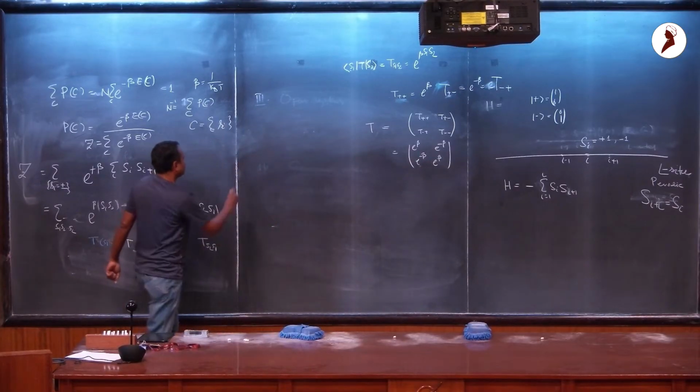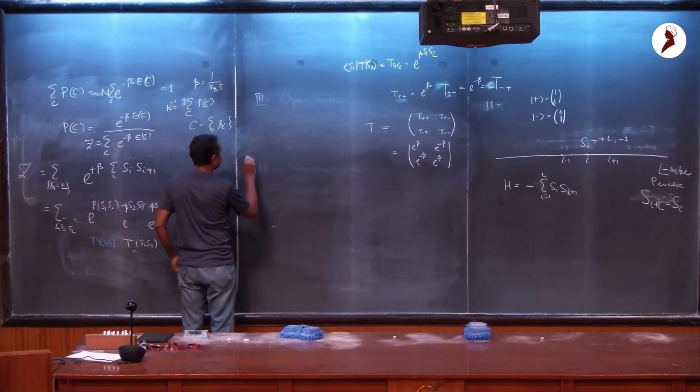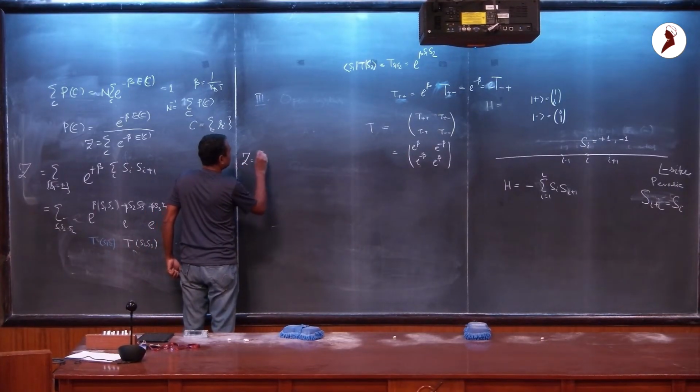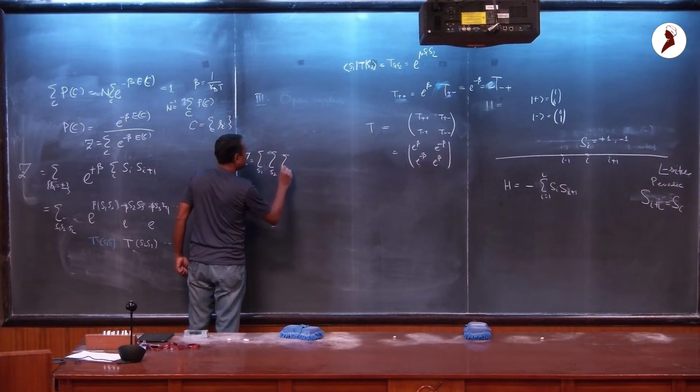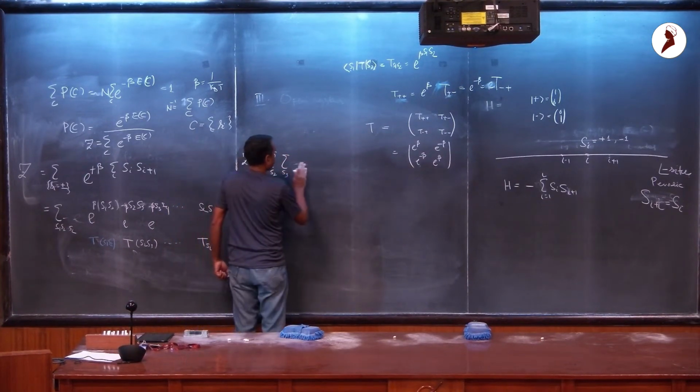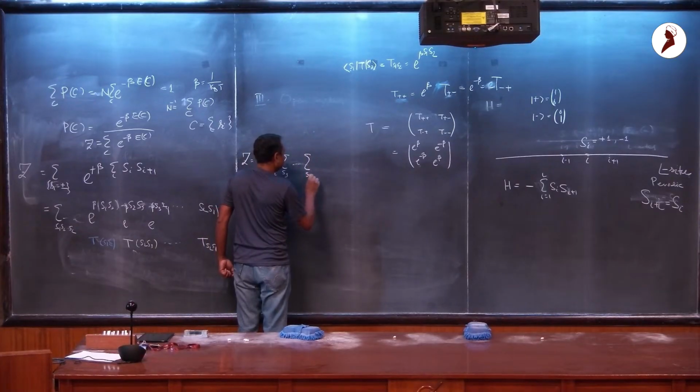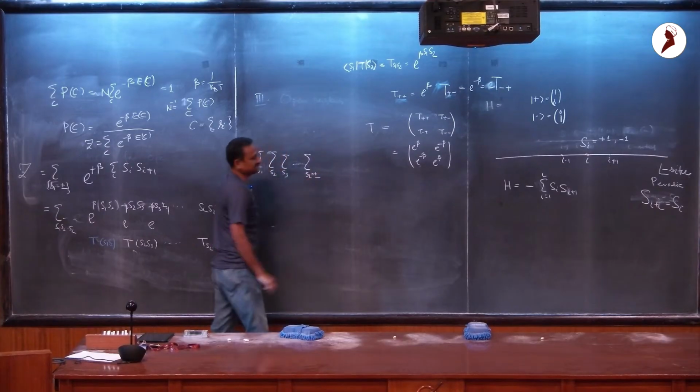Now let us write the partition function, Z equals summation over S1, summation over S2, summation over S3, up to summation over SL, each of them equal to plus and minus.